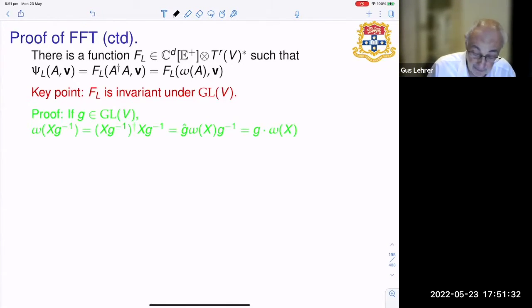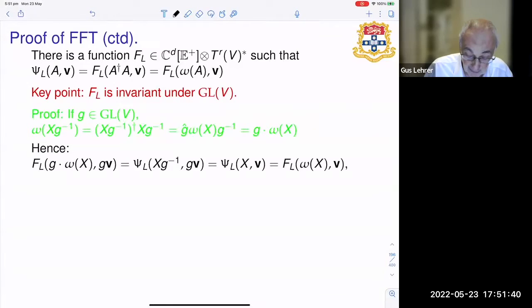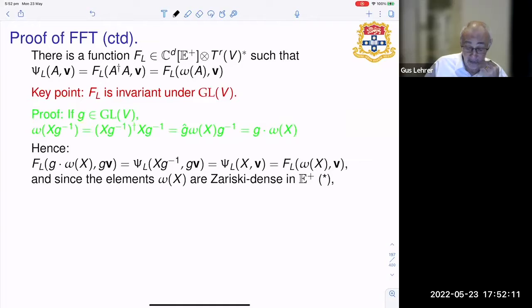So if G is in GLV, then you have this, and so you've got F of that, and that, yes. So you see, you have to use the exact form of this G hat. So FL of G omega X, GV is equal to that, which is equal to that.